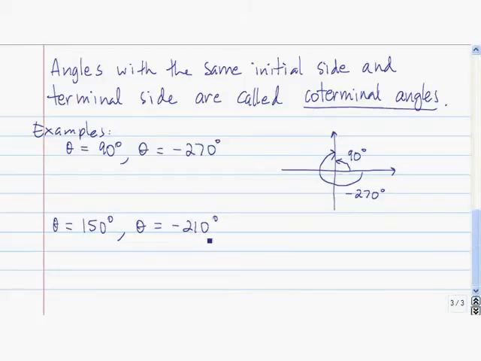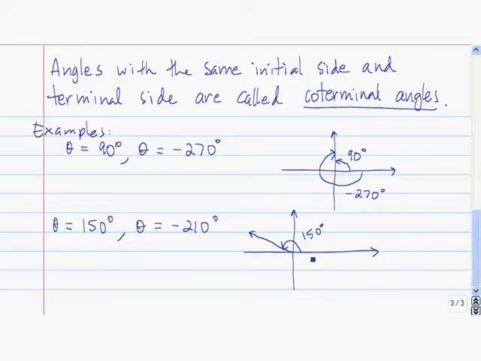The two angles 150 degrees and negative 210 degrees are also coterminal. Let's see that. The angle 150 degrees is somewhere around here, so we go to 90 degrees, and then it's just 30 degrees shy of 180. So 150 degrees is somewhere right around there.